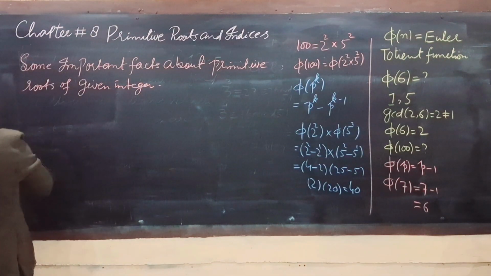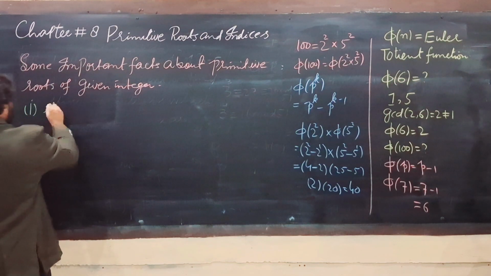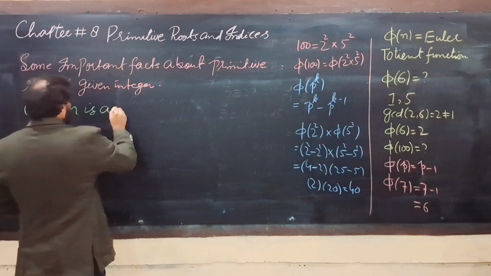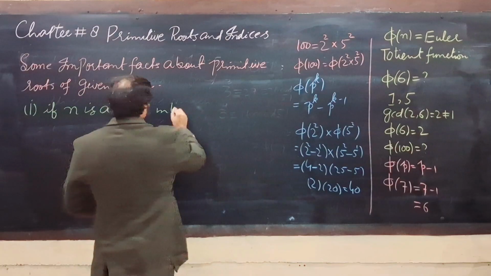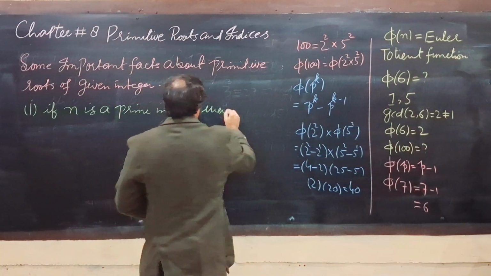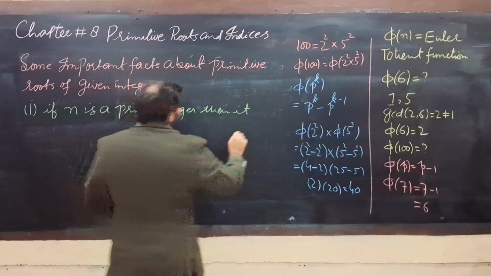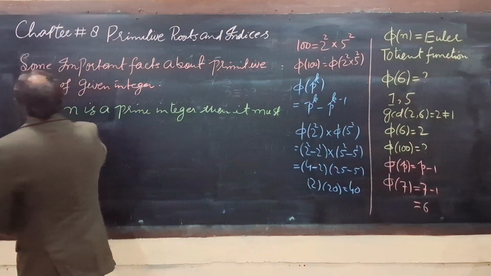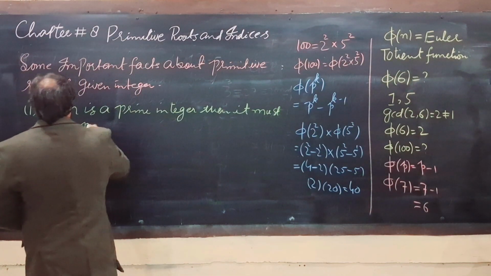The first fact is, if n is a prime number, if n is a prime integer, then it must have a primitive root.